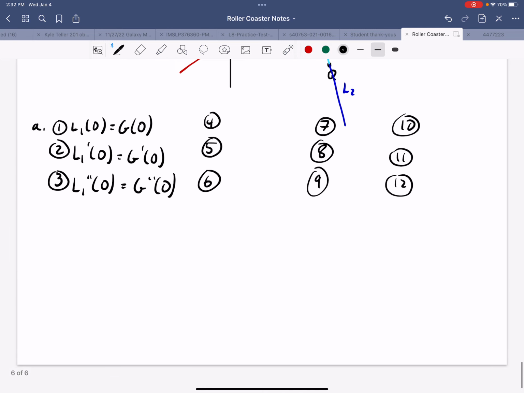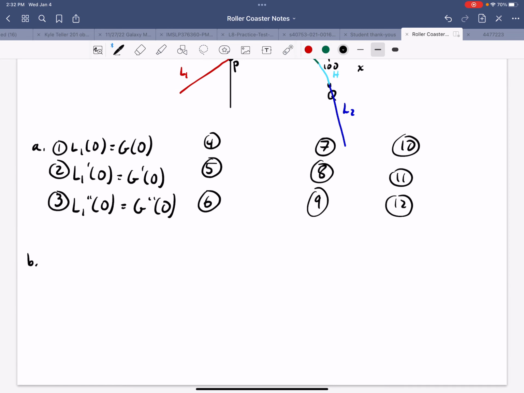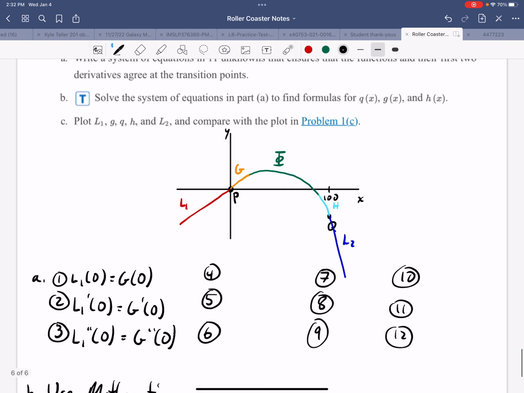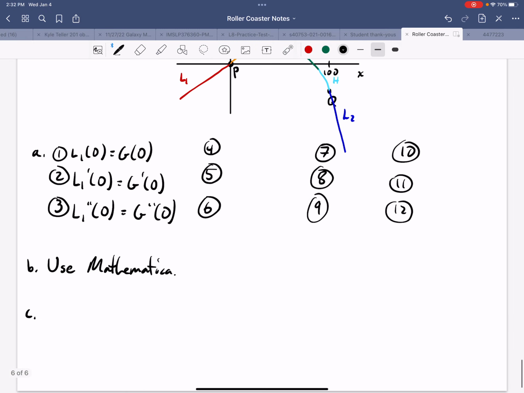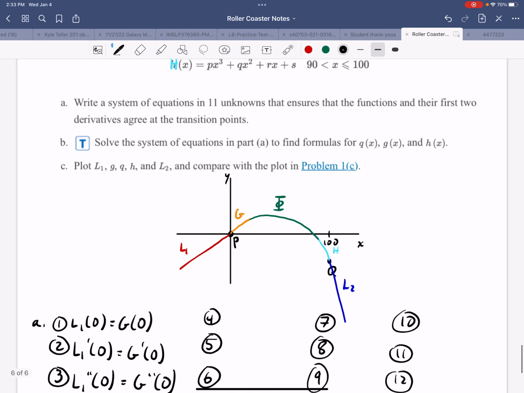Part B requires you to use Mathematica. I have a video for how to do that. And then part C, which is to graph this and compare it with the plot from 1C, is once again use Desmos.